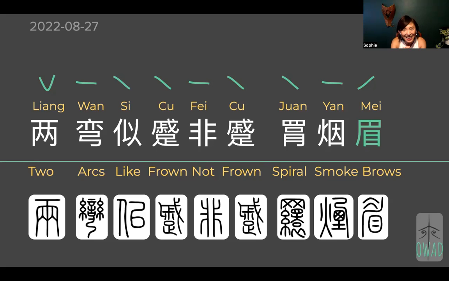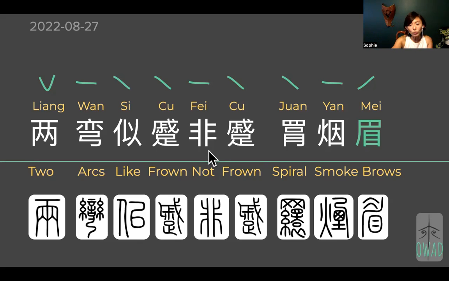I don't know if that makes sense. So fei is a negation. It's like, is it this way or that way? So it's that kind of negation. It's a mirror image of something, and it's a negation of its mirror image, so to speak.